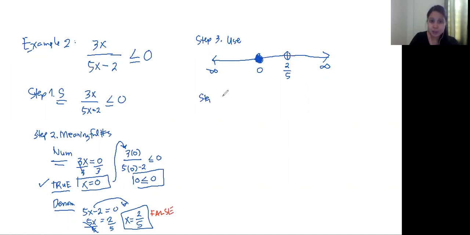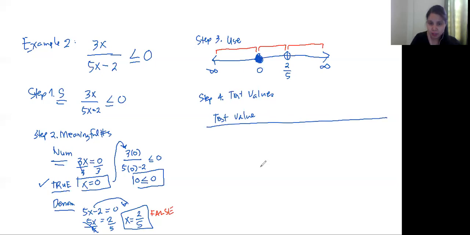Let's go to step number 4, test values. For test values, we have 3 intervals, right? If you'll check, this is interval 1, this is interval 2, and the last is interval 3 in the number line. So let's now have our table for the test values. Let me make it longer this time.